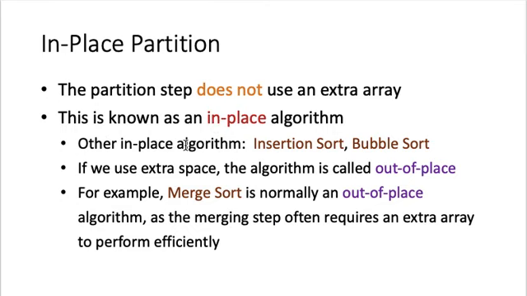For the sorting algorithms that we have studied so far, insertion sort and bubble sort are both in place. On the other hand, if we use extra space to help in performing an algorithm, then the algorithm is called out of place. For instance, merge sort is normally an out-of-place algorithm because the merging step often requires an extra array to perform efficiently.